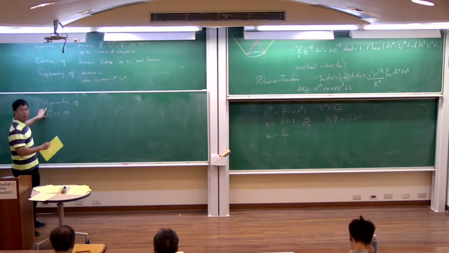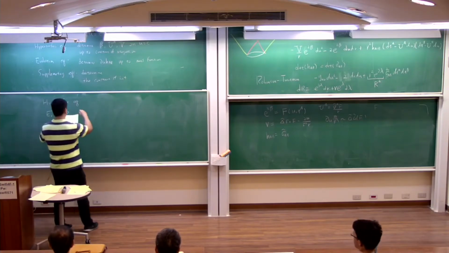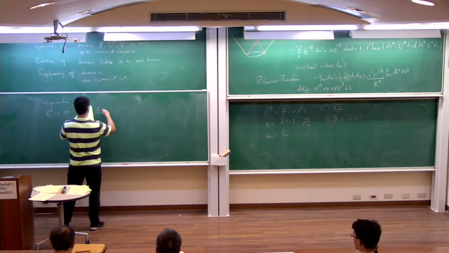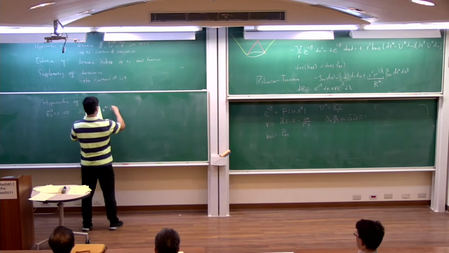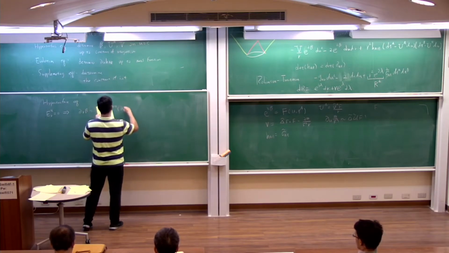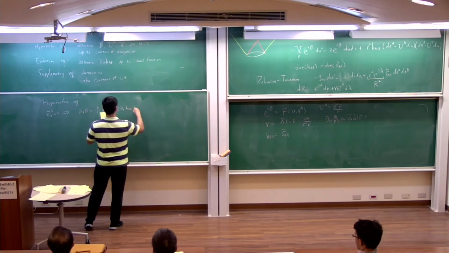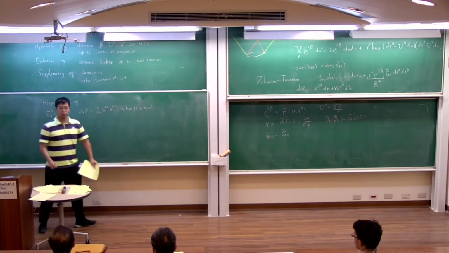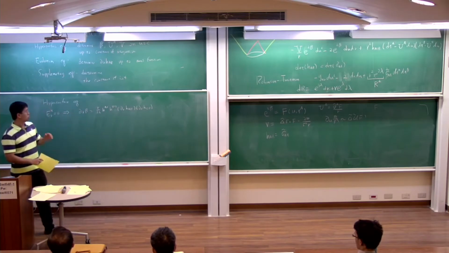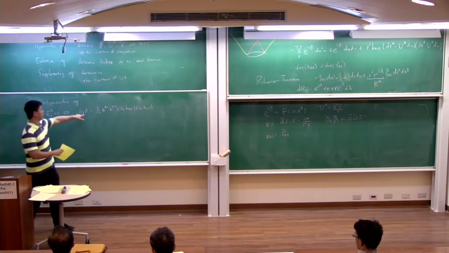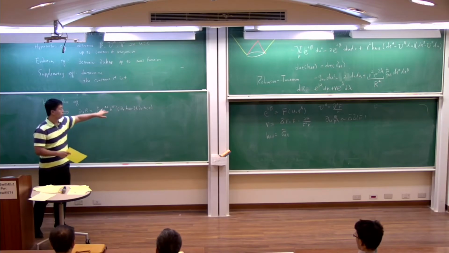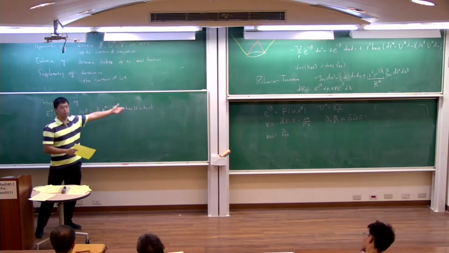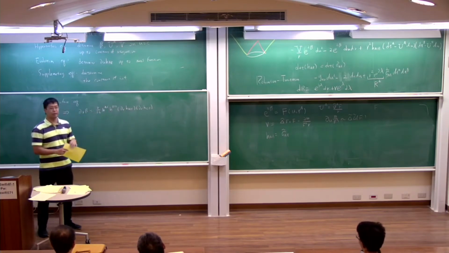This particular component of the Einstein tensor says the following. So d_r of beta is given in terms of h, the metric, and its derivative in R. Okay?